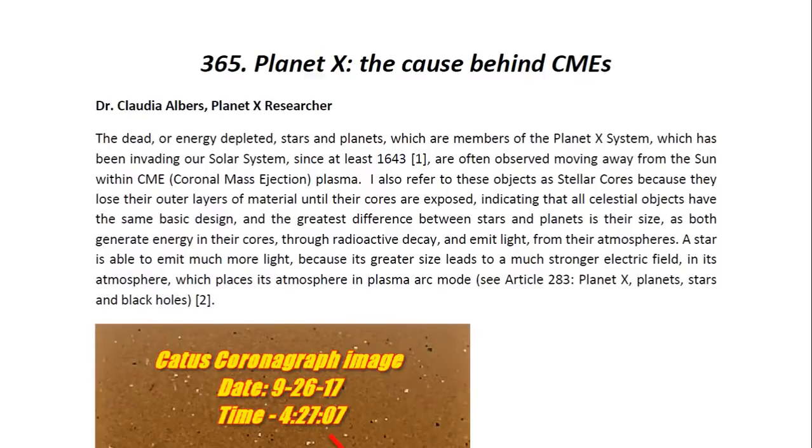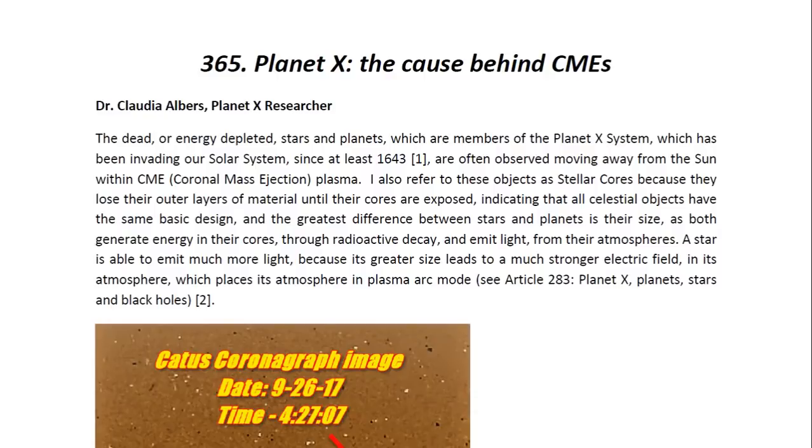I also refer to these objects as stellar cores because they lose their outer layers of material until their cores are exposed, indicating that all celestial objects have the same basic design, and the greatest difference between stars and planets is their size, as both generate energy in their cores through radioactive decay and emit light from their atmospheres.